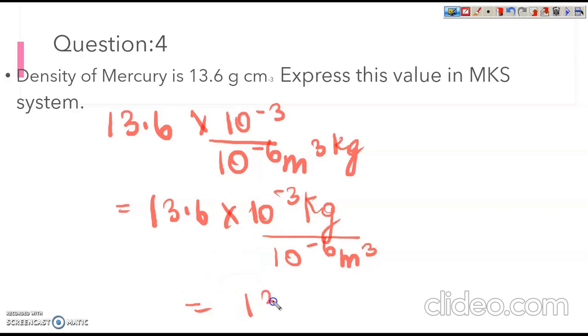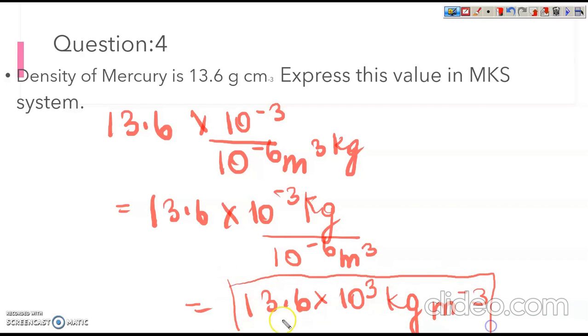So we can write that as 13.6 multiplied by 10 to the power 3 kg m minus 3. So this became your answer. This was a little bit hard, but let's see another example.